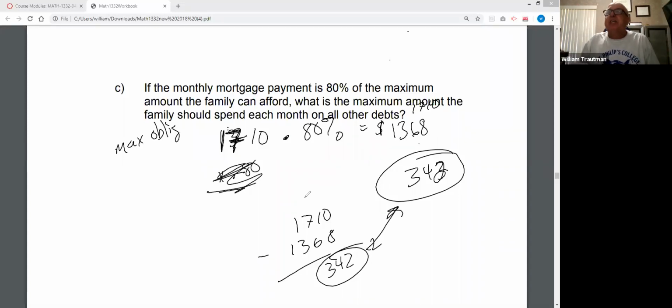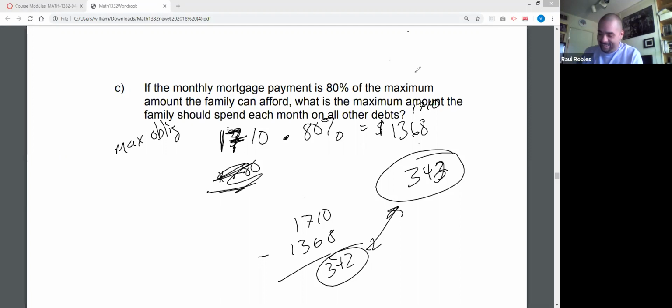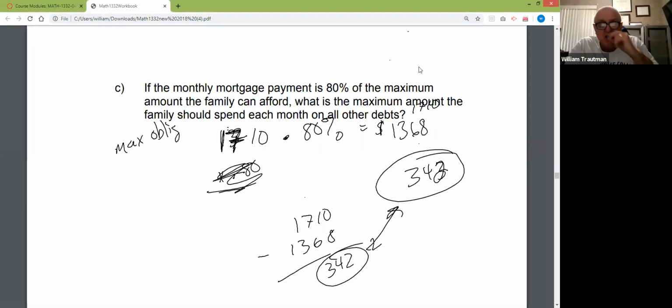So pay off your credit cards, pay off your car, and then buy a house. After that, they don't care. You might want to buy new furniture and get a loan on that, but that's where people usually go broke. They buy all that stuff after they buy a house.